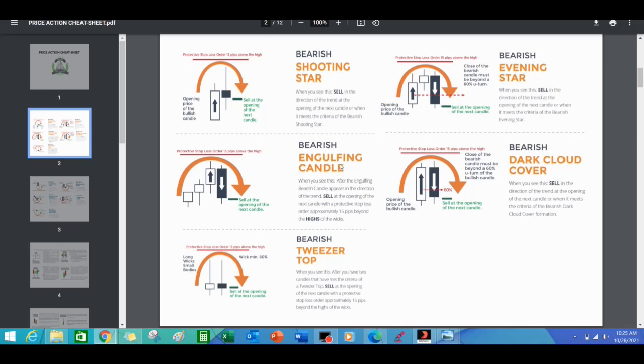For the bearish engulfing candle, probably the market was on an uptrend. The last candle that was created was the bullish candle. Thereafter, we got another bearish candle with the body starting about the same place where the body of the last bullish candle was created, but the body of the bearish candle is longer than the last bullish candle.